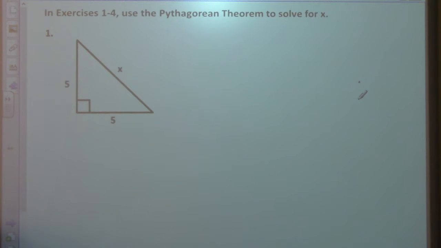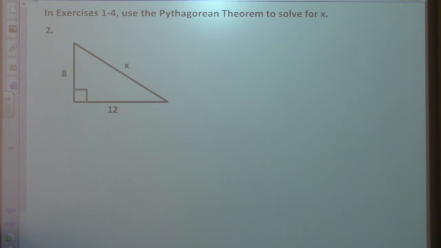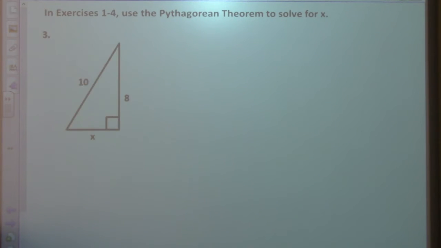I want to point something out on one of these, on number 3. So you have c squared, in this case c squared is equal to 10 squared. A squared is equal to 8 squared.